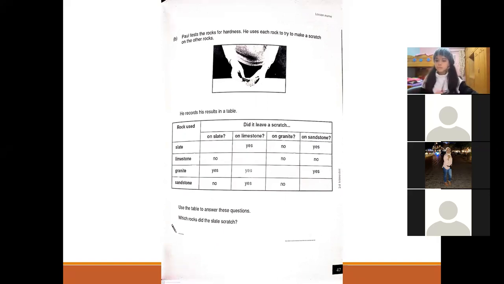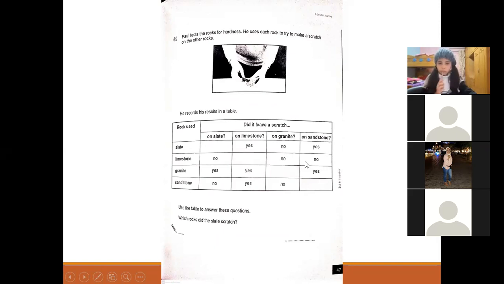Very good. Okay. Now he is trying to scratch the rocks using the limestone. So when he scratched the slate with the limestone, did it leave a scratch? No. And when he tried to scratch the granite with the limestone, did it leave a scratch?